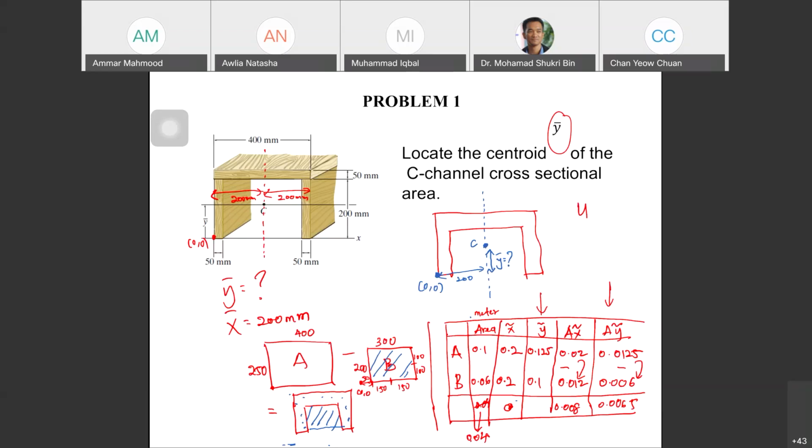So location of Y prime is basically 0.0065 divided by total area, which is 0.04.